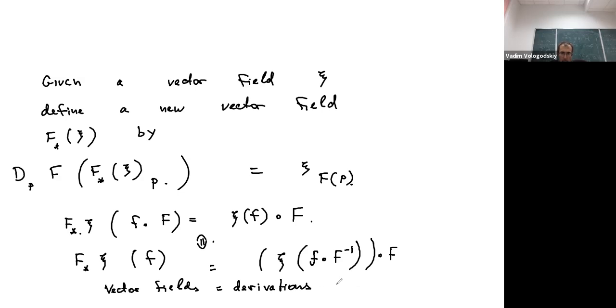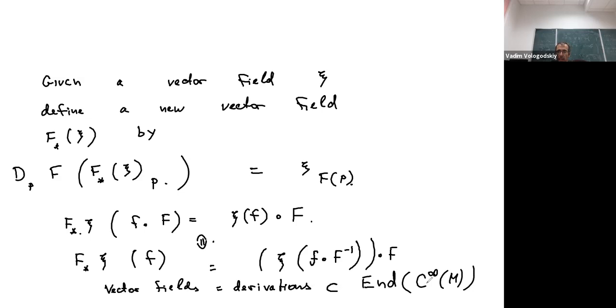And this is a subspace of the vector space of R linear endomorphisms of the vector space C infinity M, right? Well, what is a derivation? In particular, it's a linear map from C infinity M to itself.